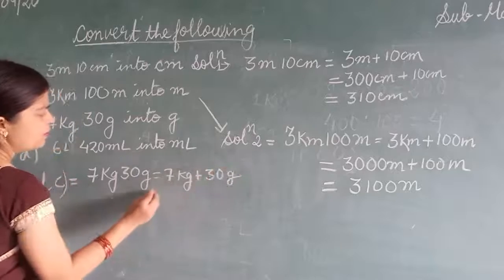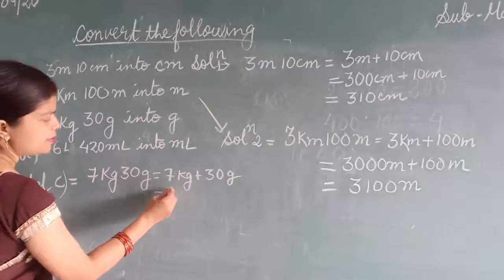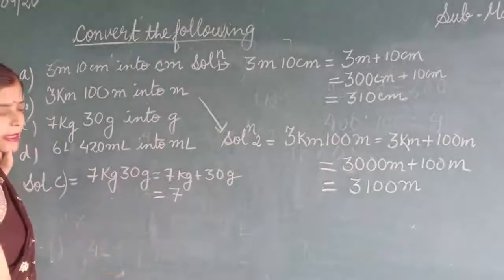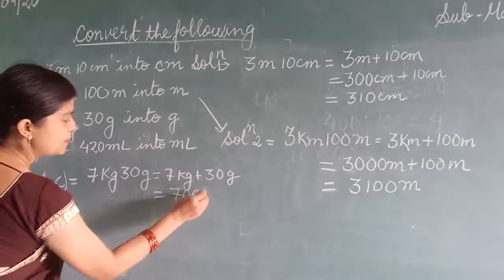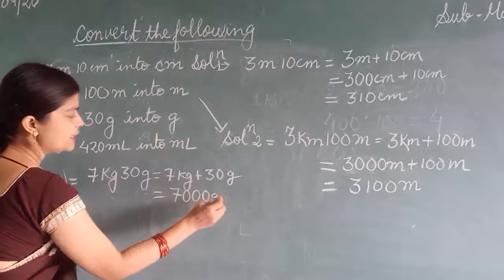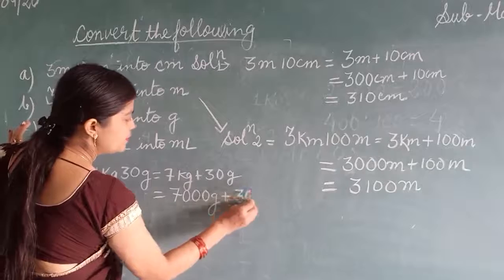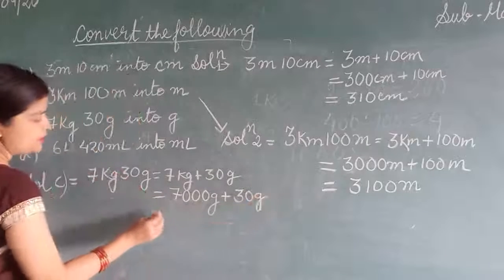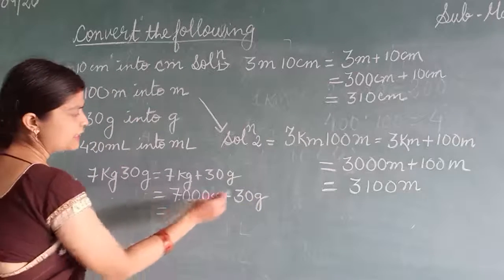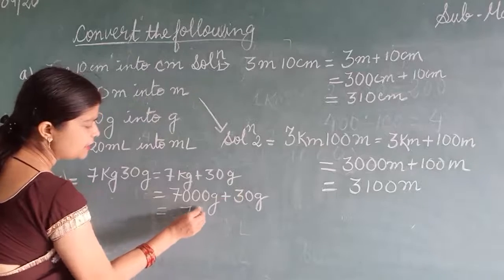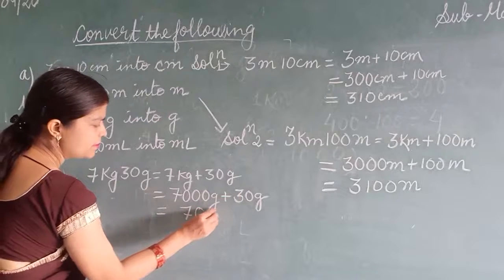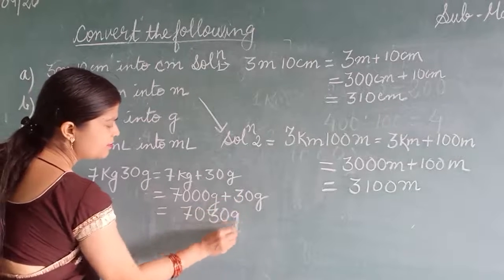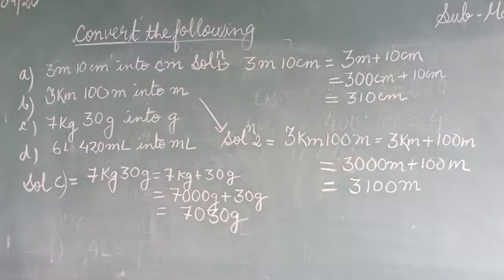Now we only have to convert this kg into gram, so we multiply by 1000. That means we put 3 zeros on the right hand side, so it will be 7000, and 30 grams. So it is 7030 grams. Like that we have converted.